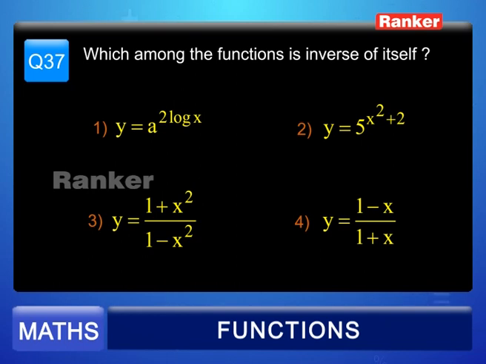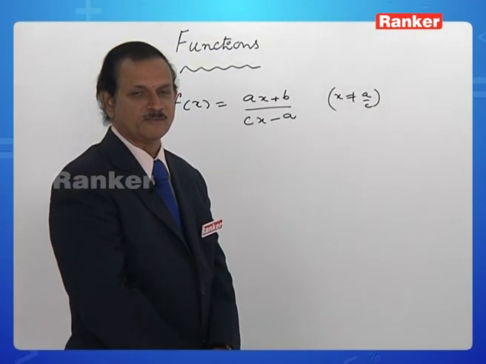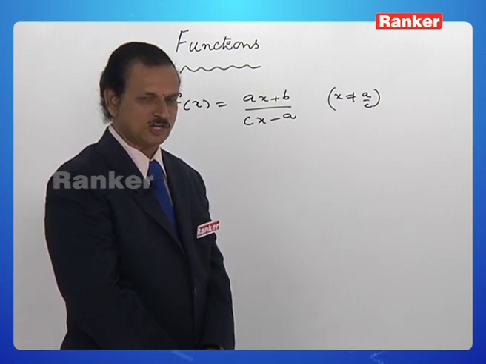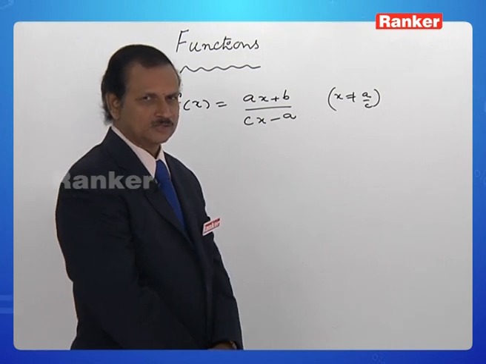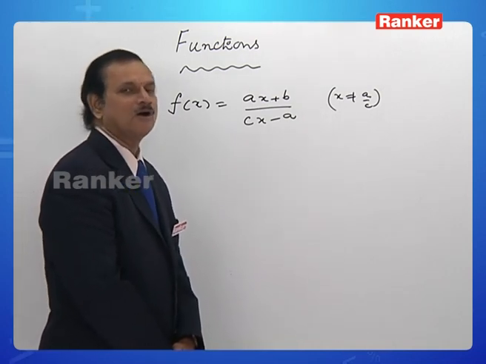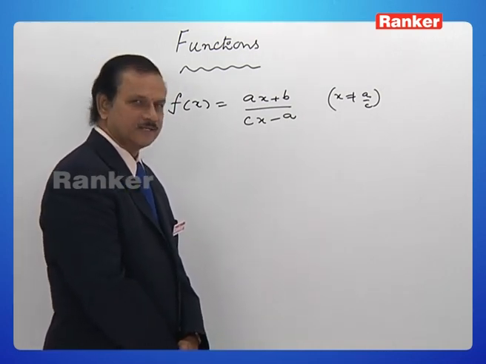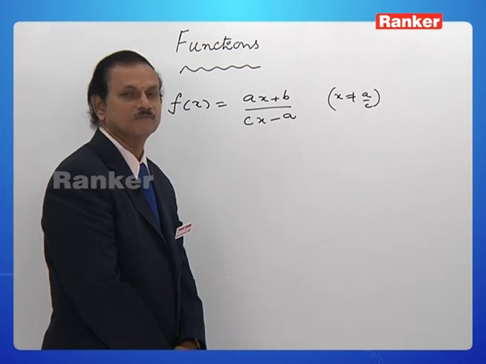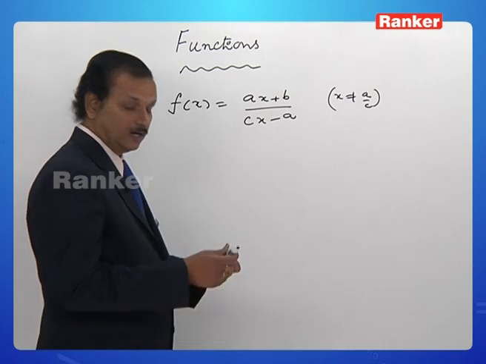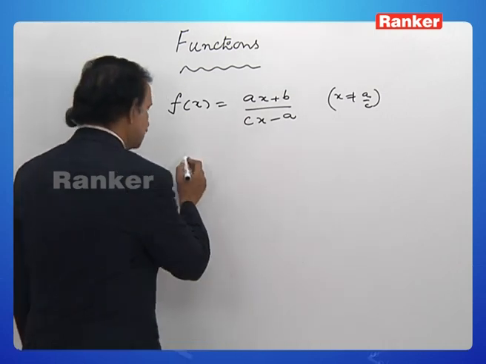It is in this form. Coefficient of x in the numerator by coefficient of x in the denominator. What is that? Among the fourth option, minus 1 by 1. It is minus 1. So that satisfies this condition. Hence, among the four options, what is the self-invertible function? Fourth one.